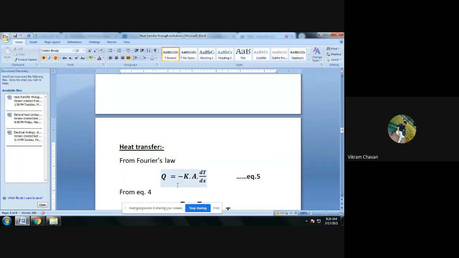Fourier's law: q is equal to minus k multiplied by A multiplied by dT divided by dx. So k and A are constants. The change is only in temperature and the distance, that is dx, or the thickness.